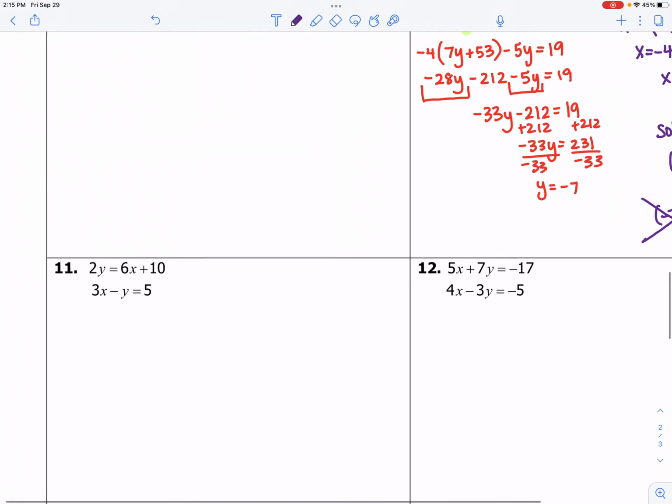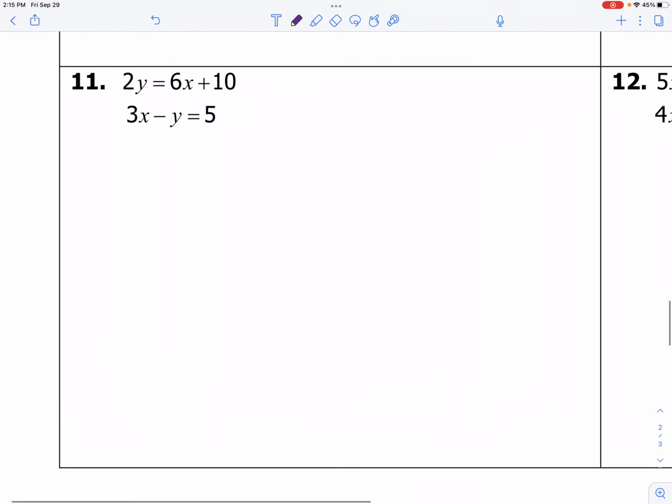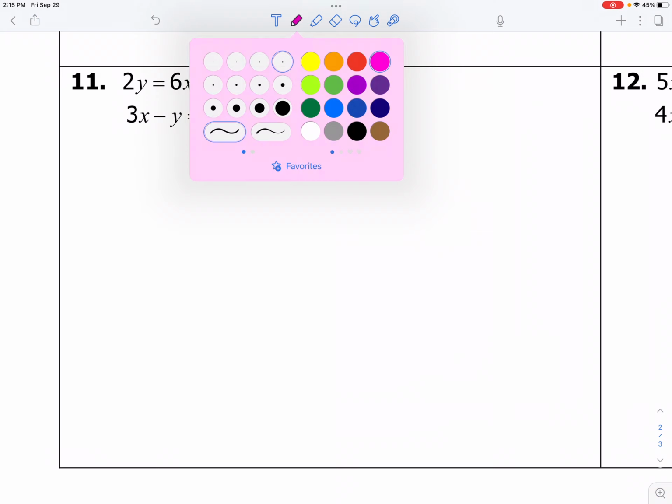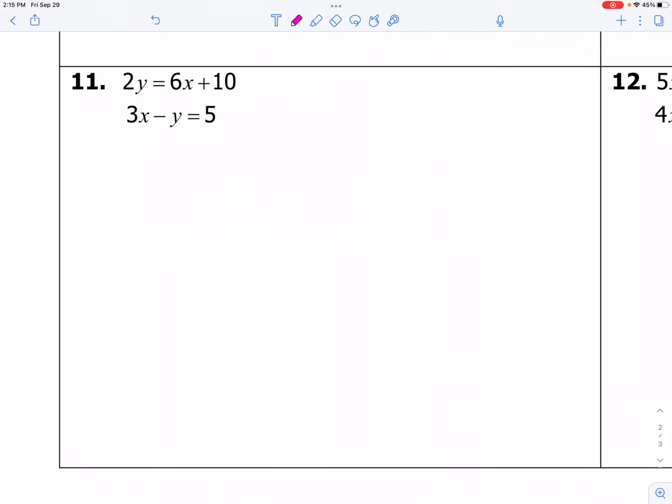And the last one we're going to do, number 11. So we have 2y equals 6x plus 10, and then we have 3x minus y equals 5. So looking at this one, yes, I could solve for y here and move the 3x over and then divide everything by negative 1, or I see that I have a 2y here, and 2, 6, and 10 are all divisible by 2. So the easiest one to do here is this one. Solve for y just by dividing everything by 2.